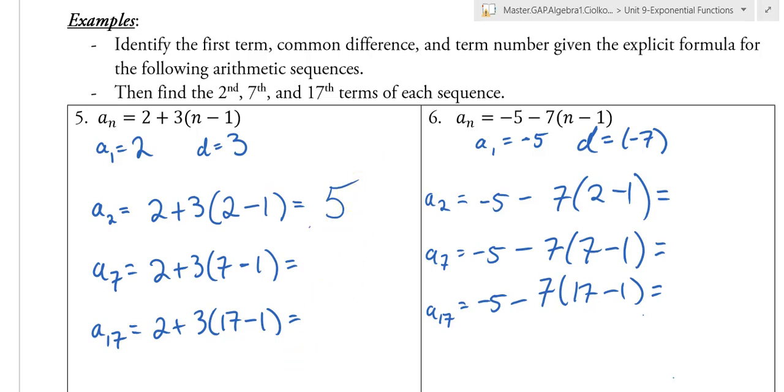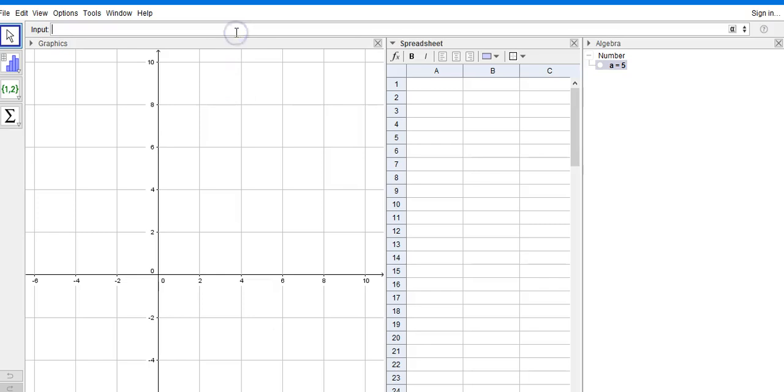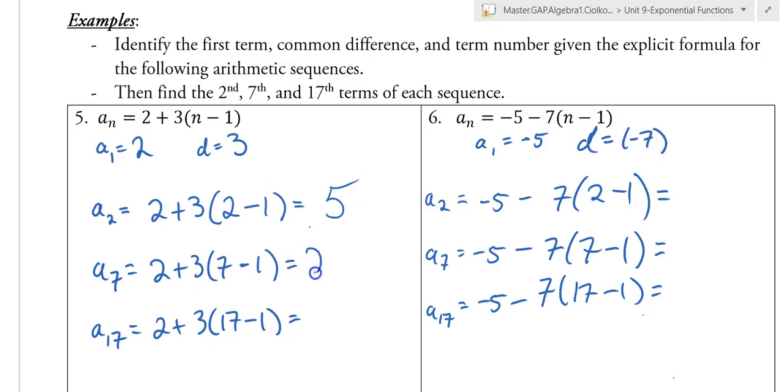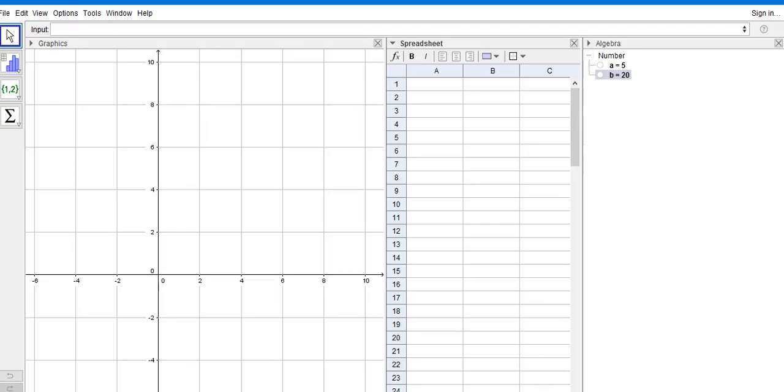For our next one, same 2 plus 3, 7 minus 1, and that gives 20. And 2 plus 3, 17 minus 1. Actually, click on that. So again, 2 plus 3, parentheses, 17 minus 1, enter it, and we get 50.